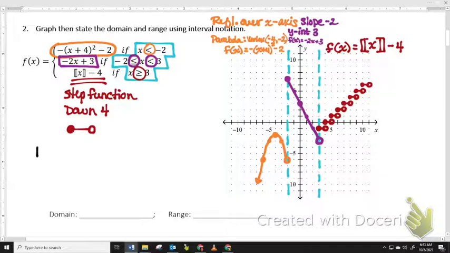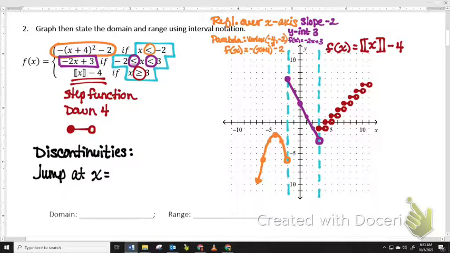Let's go ahead and talk discontinuities for a moment. Do we have any? Yes. What type of discontinuities do we have? We have jump discontinuity. We actually have more than 2 because my step function, every single x value, I have a jump. So I have jump discontinuities at x equals, what's the one farthest to the left? -2.